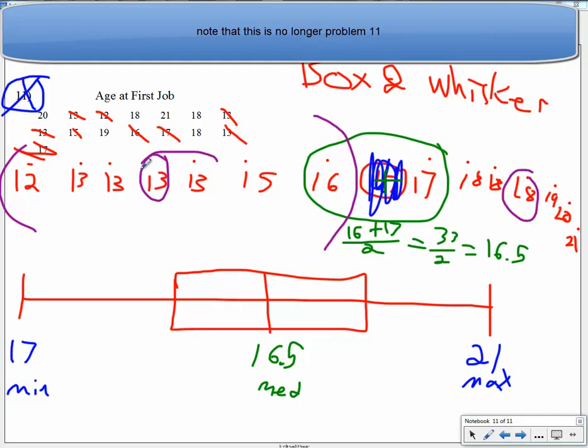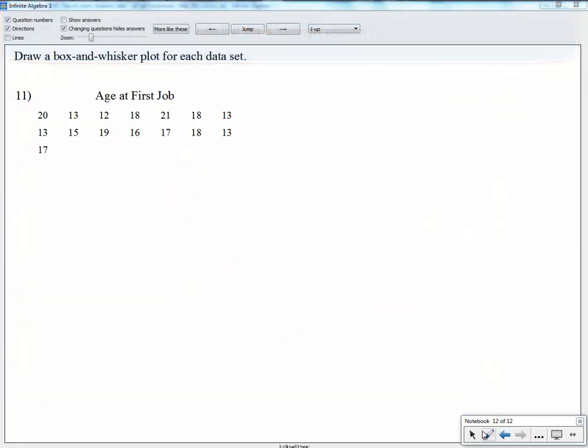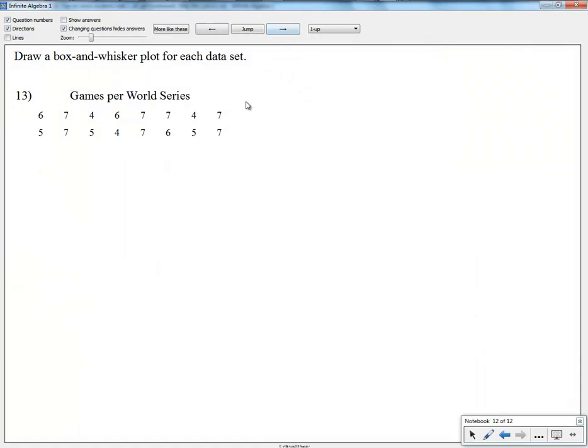If we were to have two numbers, we would have to add them up and divide by 2 if we have an even amount of numbers on that lower range. So this would be another example.